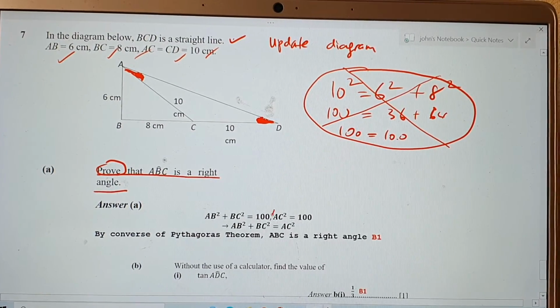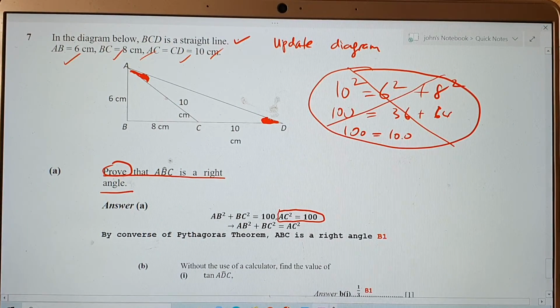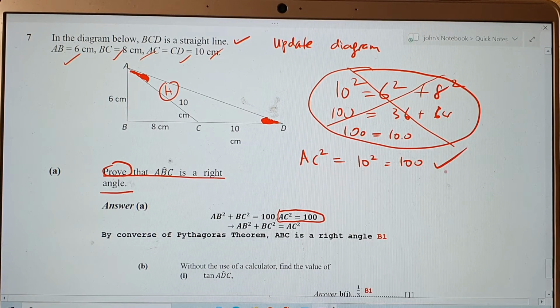You first of all say, you're going to find the hypotenuse. If this is a right angle, then this is the hypotenuse. You find your hypotenuse square, find out what the value is, then write it here, one line. Don't do it like that. This is our marking scheme. We do it like that because we understand what's going on, but when you present to the marker, they want you to do it this way.